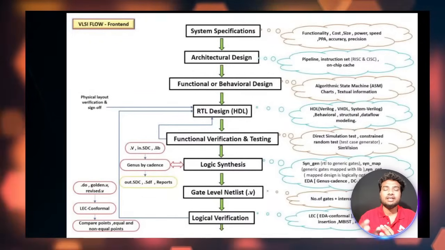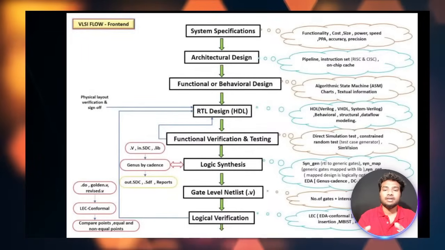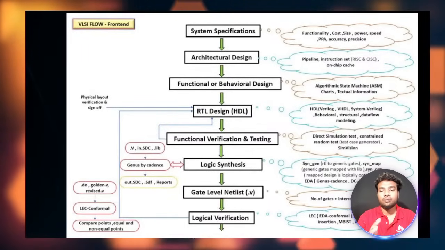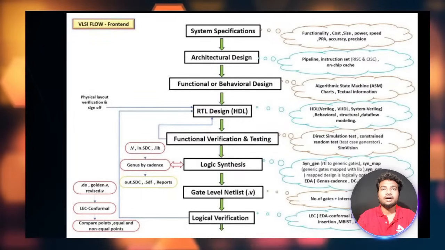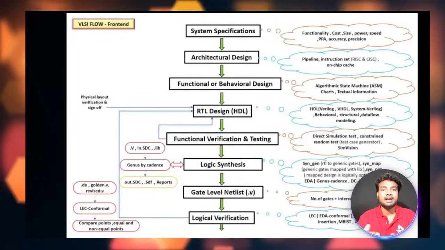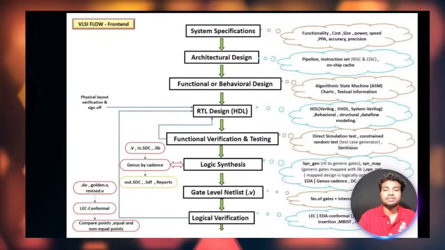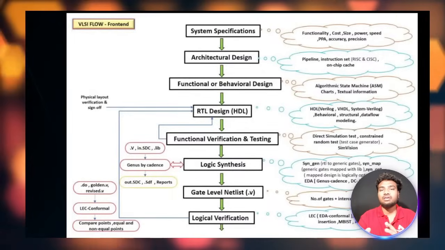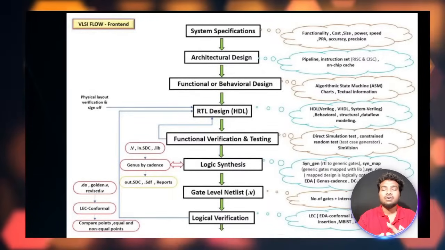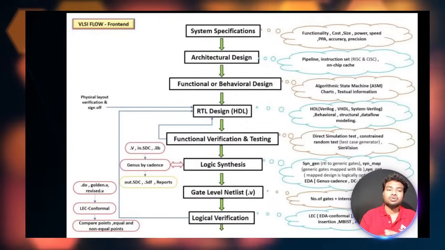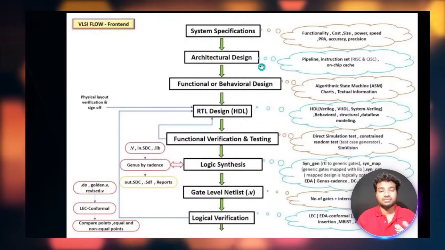We have to write the spec: how many transistors, how many IO pins, how many clock pulses it needs, and what the clock frequency is. All this comes under the specification, where we decide the requirements for the chip.